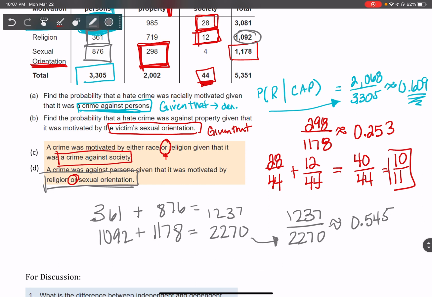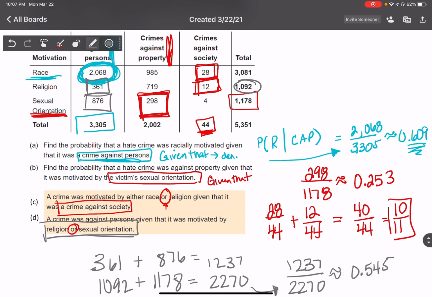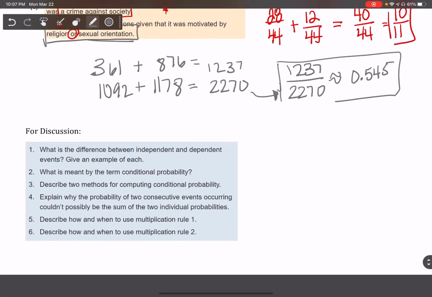And then our numerator was a crime against persons, but we had to look at them separately for religion and then sexual orientation, add those up. Okay, we weren't thinking about race. And then that will be our probability. All right, we have completed 10.8.